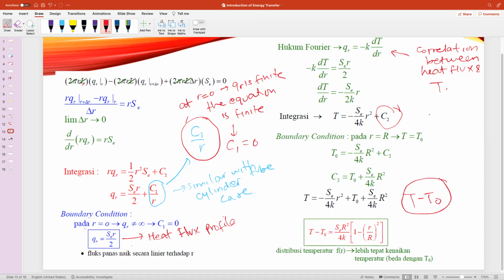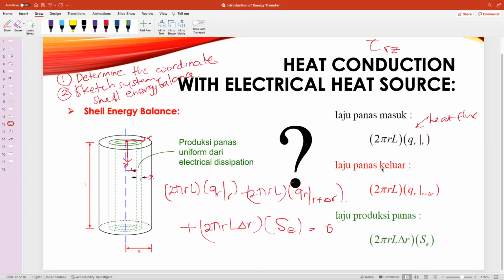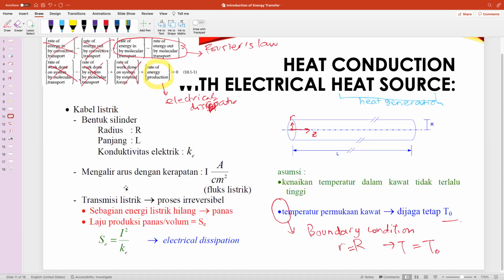Bu, can you explain what SE is again, Bu? Okay. So SE is defined in the problem. It's called electrical dissipation. It is the energy that is generated if you have wires, and inside the wires there is electricity passing, and it is defined as I squared divided by KE.